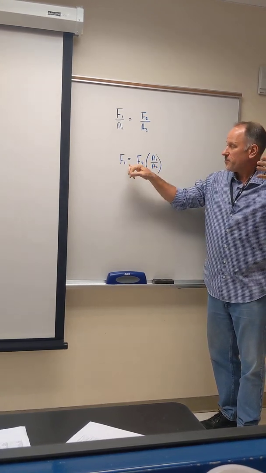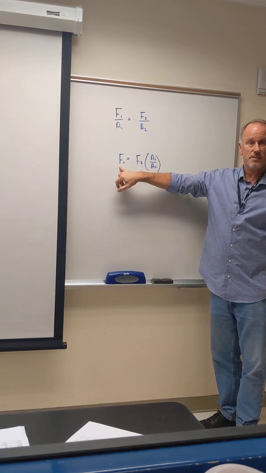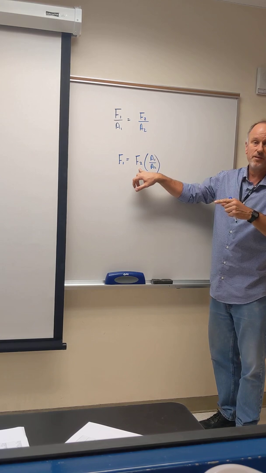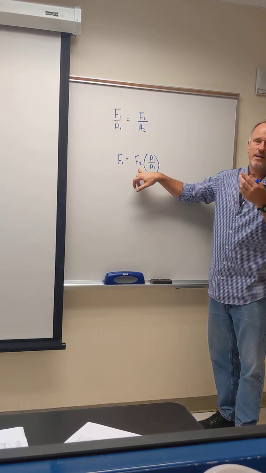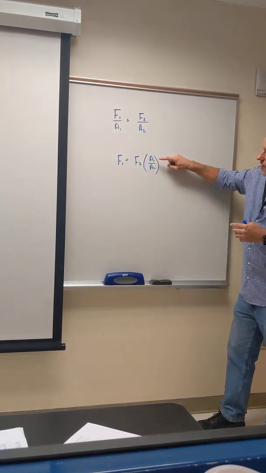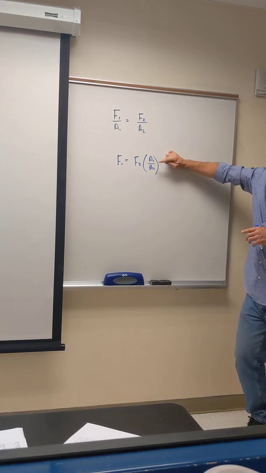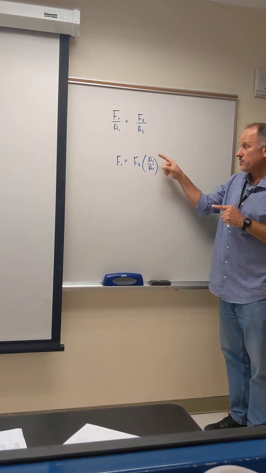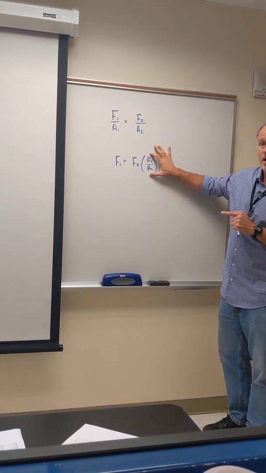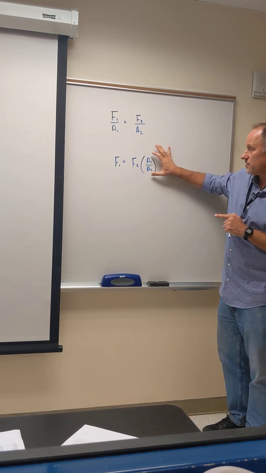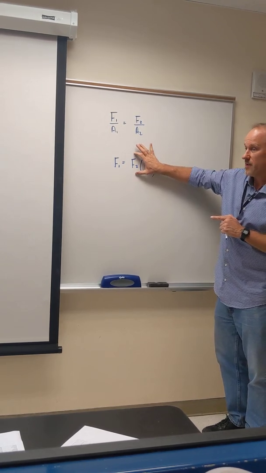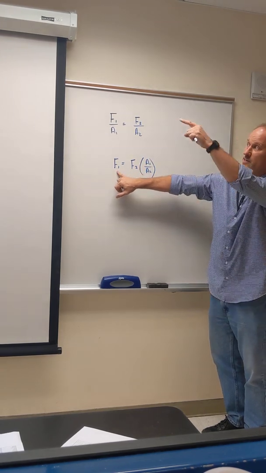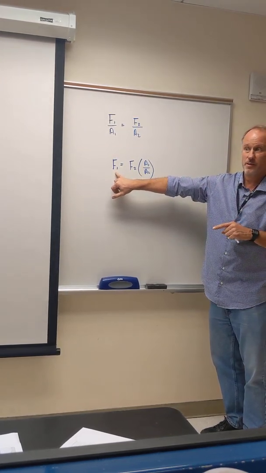So this is telling me I can input a smaller force into the piston on the left to help me lift this heavier vehicle, or provide an F2 on the vehicle. And what do I know about A1 relative to A2? A1 is smaller than A2, so this is a fraction that's less than 1. So if I take this fraction that's less than 1 and I multiply it by the larger force required, it tells me how much I need to put in on the left-hand side of the liquid.